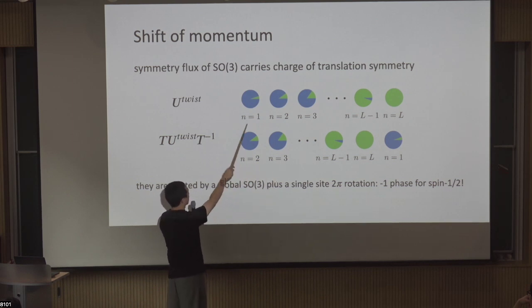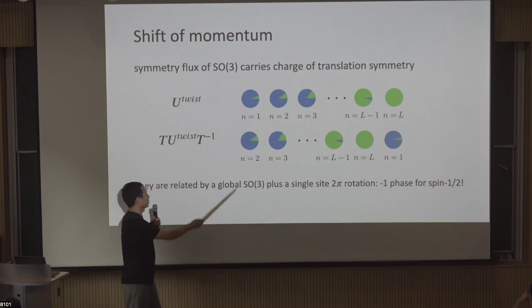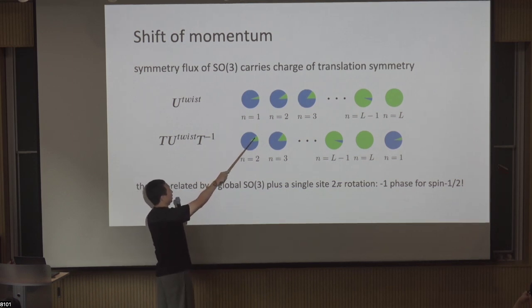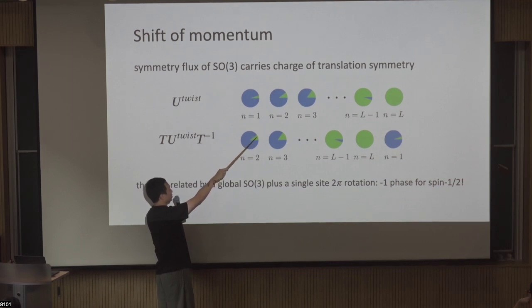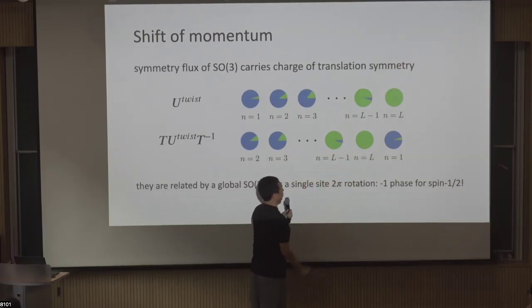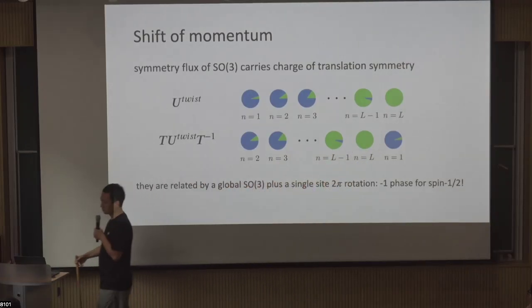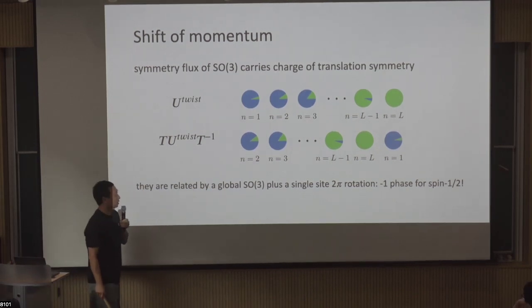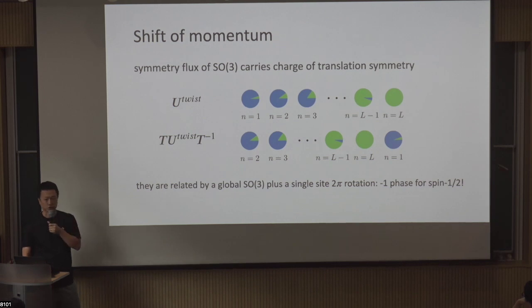This operator can be connected back to the original one by a global SO(3) rotation, the Z rotation by 2π/L. So we rotate it back. Everything goes back except the last one. The last one differs from what you had in the beginning by a 2π rotation.